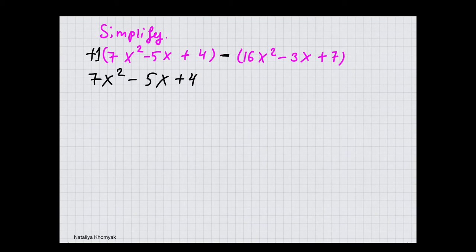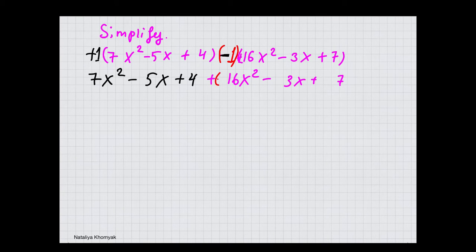For the second set of parentheses, you would be distributing -1, which would reverse each of the signs. However, if you're not very sure, it's just easier to copy everything as is. So we have +16 x to the second minus 3x plus 7.